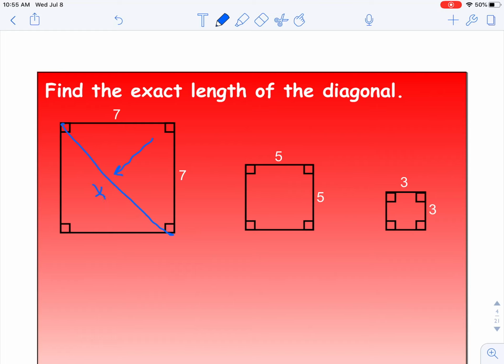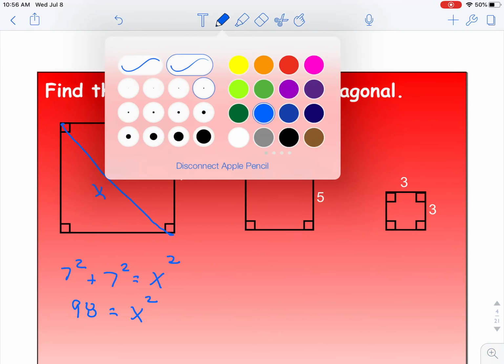So if we call it x, then we would take 7 squared plus 7 squared and set it equal to x squared. And this gives us 49 plus 49, which gives us 98. So x squared is equal to 98.